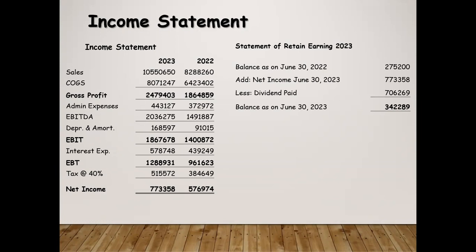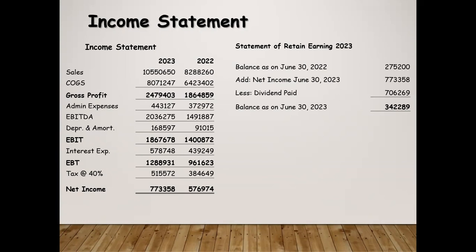Now, the statement of retained earnings. Retained earnings is the part that is reinvested within the business. The balance as on June 30th, 2022 was 275,200. That is a part of our equity side. We add net income to this, that is 773,358, and less the dividend paid, 706,269.